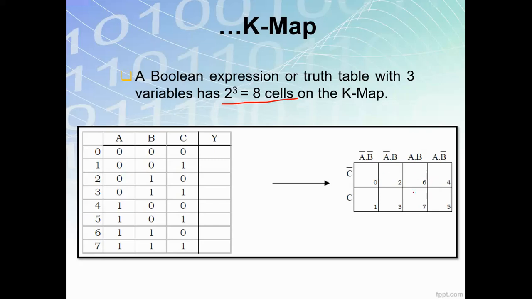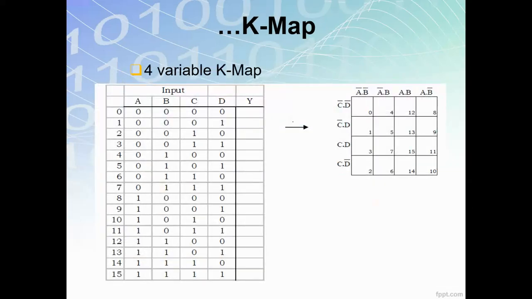The ordering of the cells is important because it will affect your answer later. If you get the ordering of the labels of the columns, rows, or cells wrong, you will have a problem with your answer. So you have to remember the ordering of the cells and also the labels of the columns and rows.